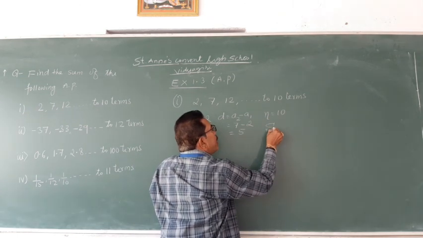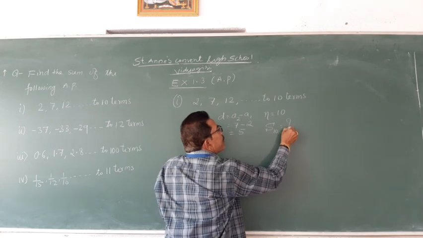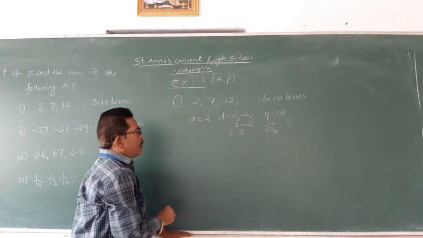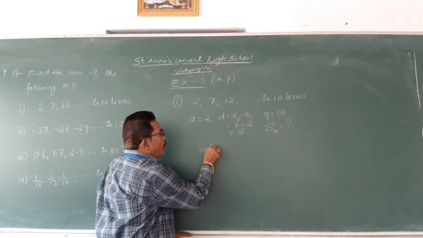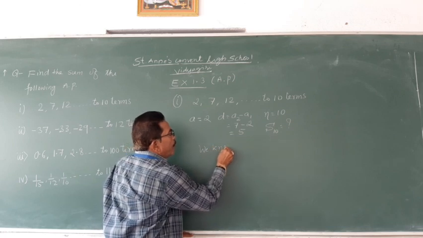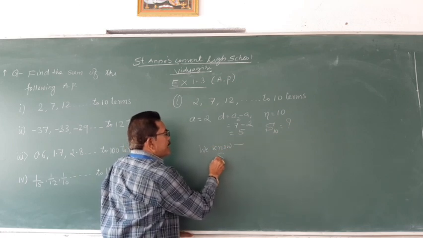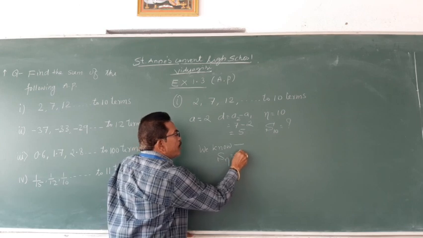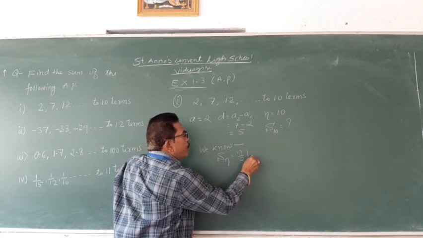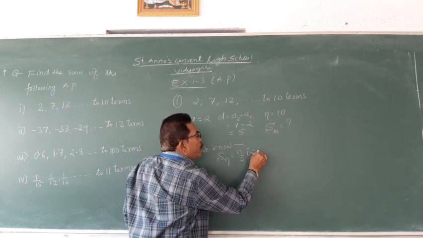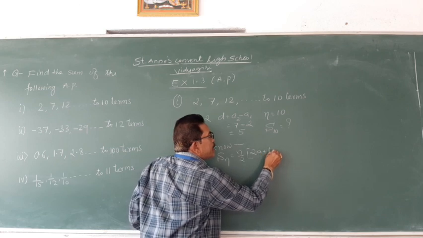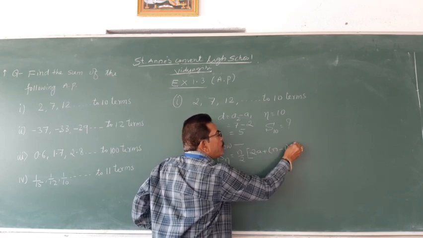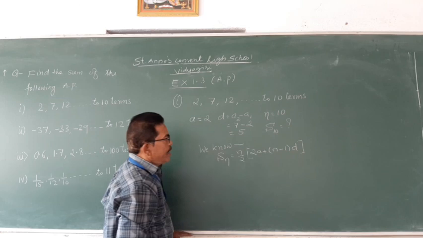We have to find S10. We know Sn equals n by 2 in the big bracket 2a plus (n minus 1) into d.